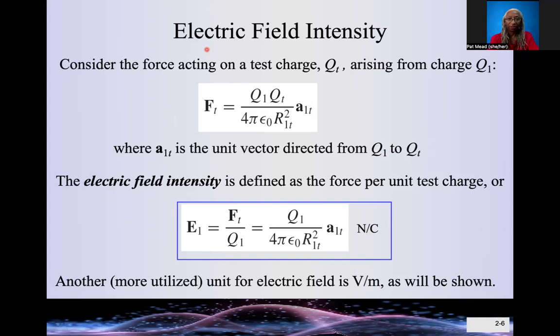The direction of the force will be either directly toward each other or directly away from each other, based on whether the two charged particles are similarly charged, plus plus or minus minus, or have opposite charge, plus minus or minus plus.